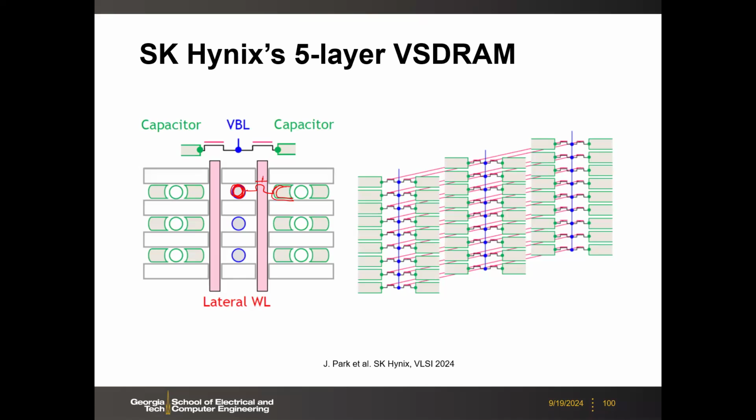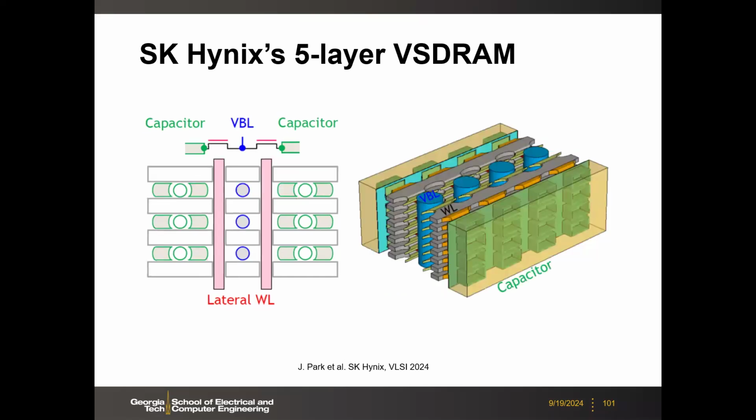So from the circuit schematic, this is how it looks on the right. So in the real 3D view, this is how it looks. So you will have these horizontal transistors, and then you have the capacitor horizontally like this, and then vertical bitline. Okay.